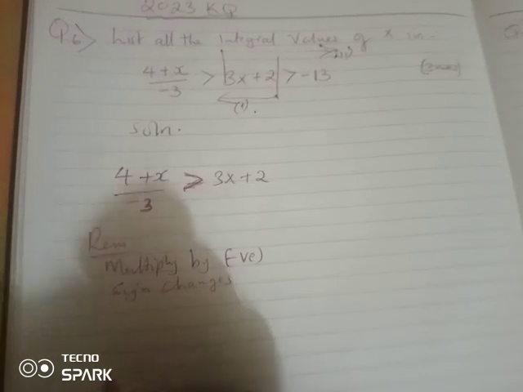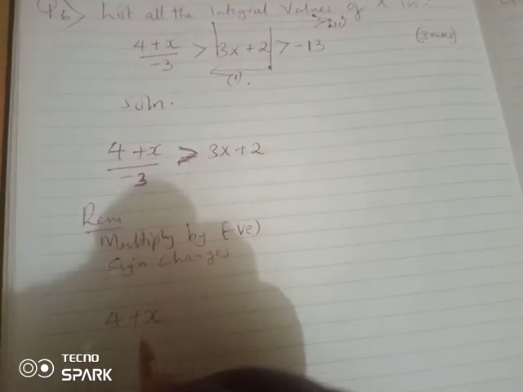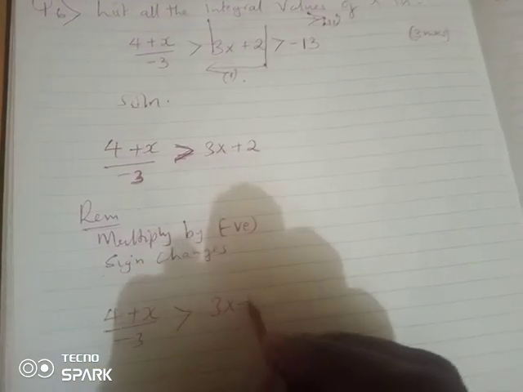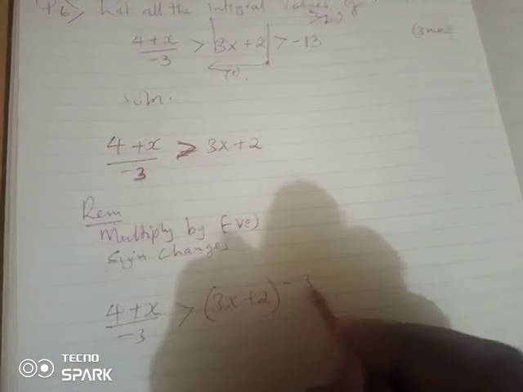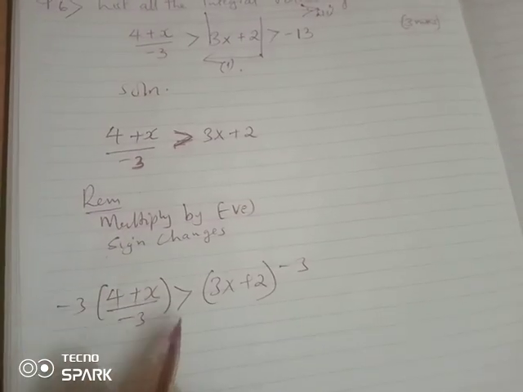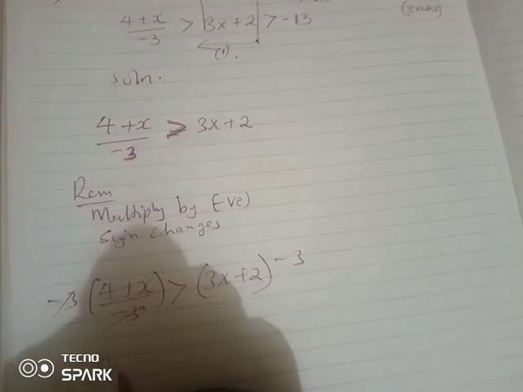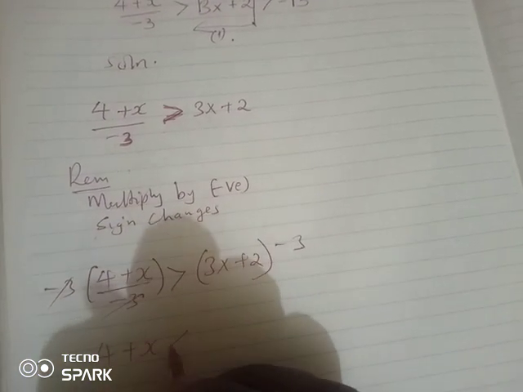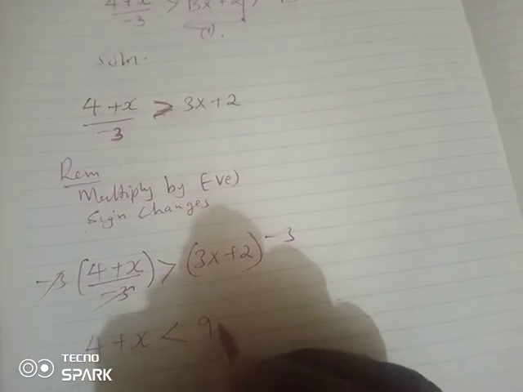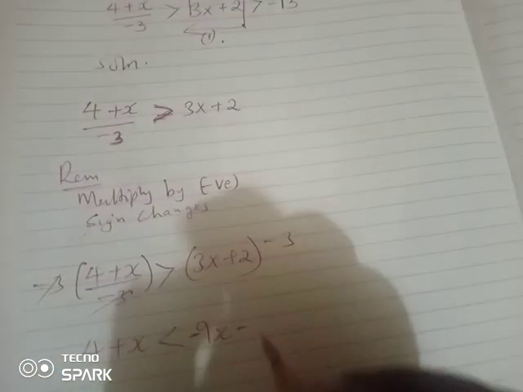So what will I have therefore? (4 + x)/(-3) is greater than 3x + 2. I'll multiply both sides by negative 3. Whenever we do this, our sign will now be less than instead of greater than. So we shall remain with 4 + x is now less than, if you break the bracket here, you will have negative 9x minus 6.